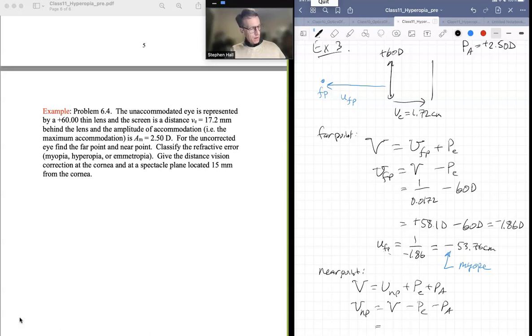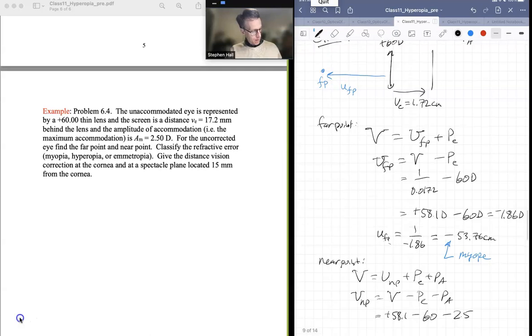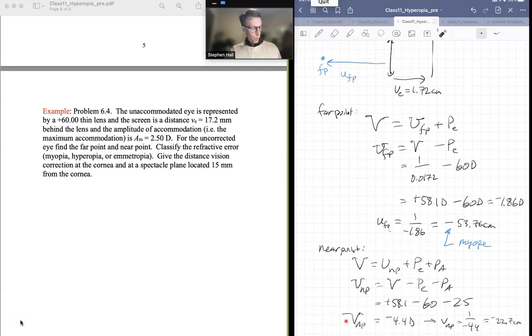And that gives us this number, plus 58.1 minus the power of the eye minus the accommodating. And so it gives us, for the divergence of the near point, a value of minus 4.4 diopters, and that corresponds to a near point location of negative 22.7 centimeters.